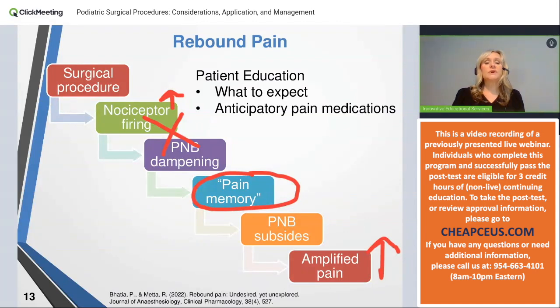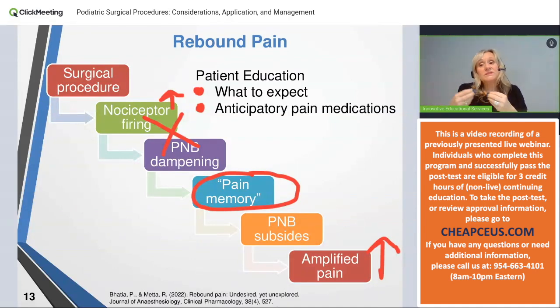So what we need to do is educate our patients that this could happen and how to avoid it. It is very important that they take the anticipatory pain medications. So they're taking the medications as prescribed by the physician while that peripheral nerve block is slowly wearing off, so they'll come to an even out point. So they will not have that increased pain.